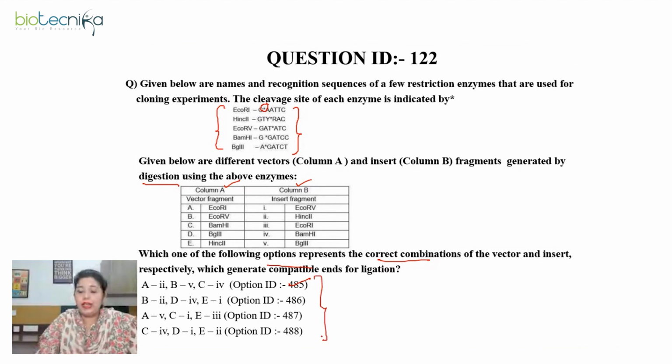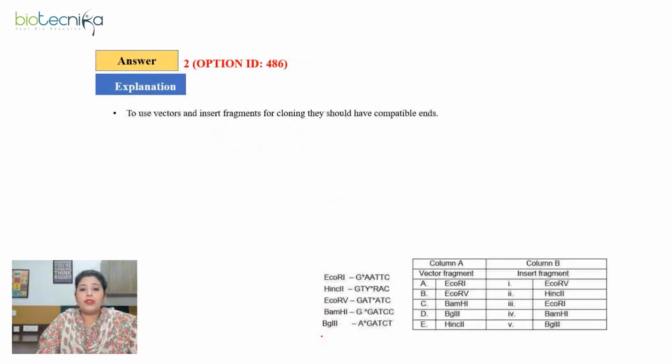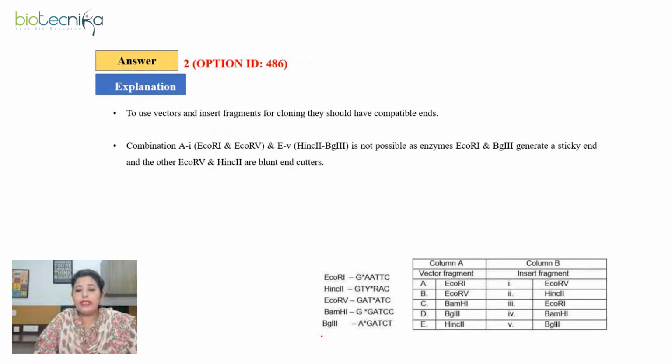So let's find out which vector fragment will be compatible with the insert fragment. One thing is very much clear: in recombinant DNA technology, when you're constructing a recombinant DNA molecule, you ligate a vector with a DNA fragment carrying your gene of interest.